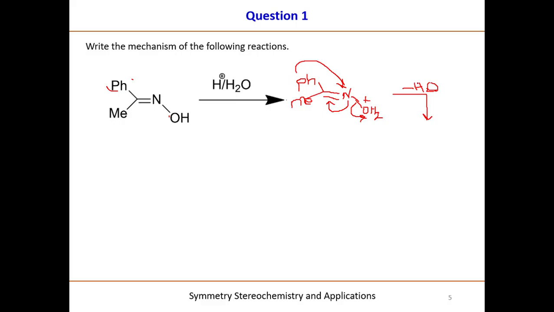Minus H2O will give methyl, because the phenyl group is migrated.